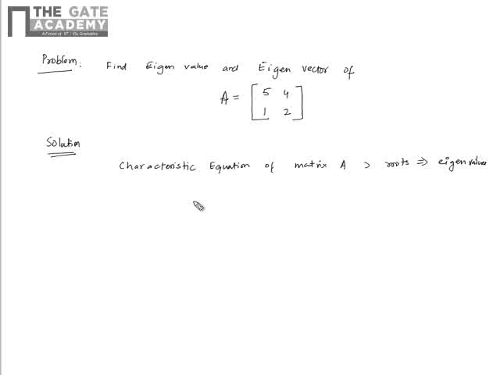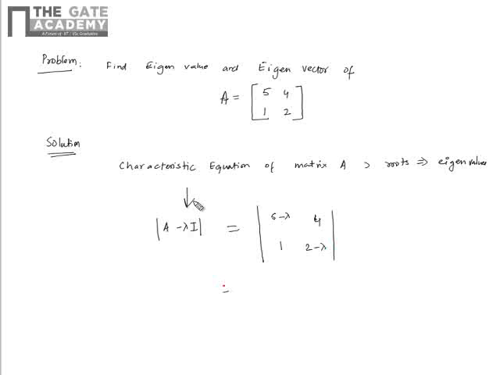So the characteristic equation is det(A − λI). We have to subtract λ from the diagonal terms and then take the determinant. It's as simple as that.